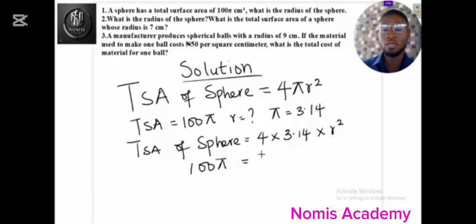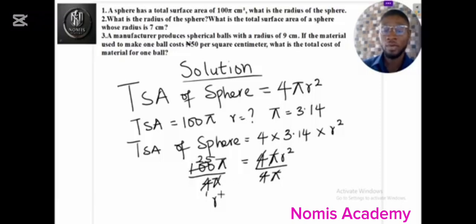So we can then write 100 pi equals 4 pi r squared. Since we need to eliminate 4 and pi from here, we will divide both sides by 4 pi, so that pi cancels pi, and 100 divided by 4 is 25.